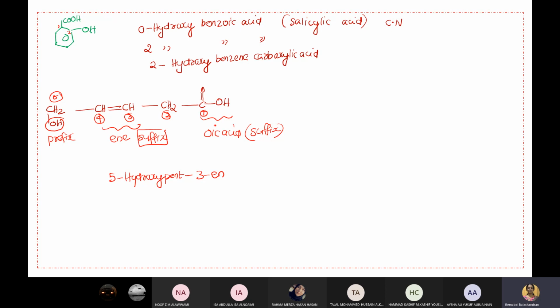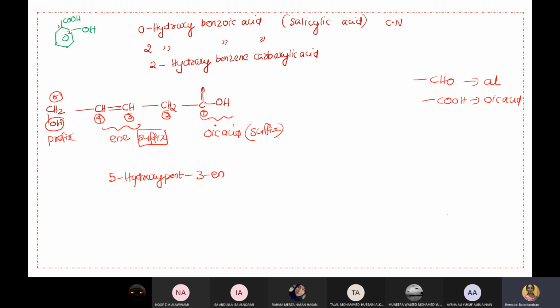Aldehyde, we never tell. Good you asked me. See, for aldehyde we write al, don't write 1-al. For acid we write oic acid, don't write 1-oic acid. It's obvious it's 1, since we start numbering with that in all cases.